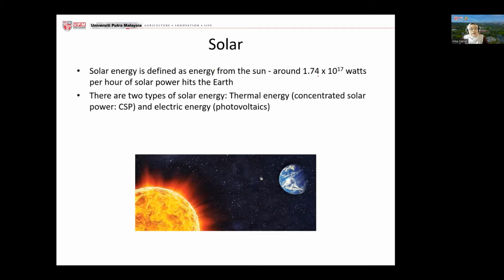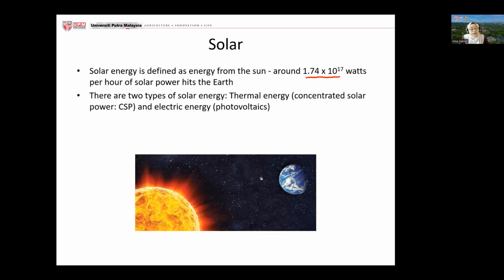Around 1.74 times 10 to the power 17 watts of solar power hits the earth per hour. So you can imagine there's a lot of potential there. Imagine if you can make full use of that energy to power the earth.